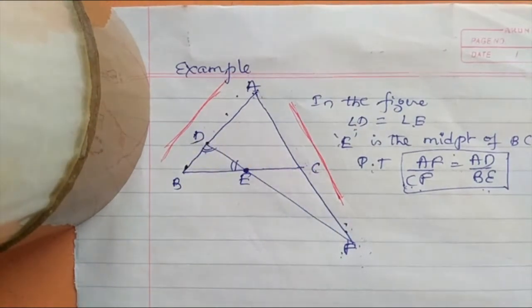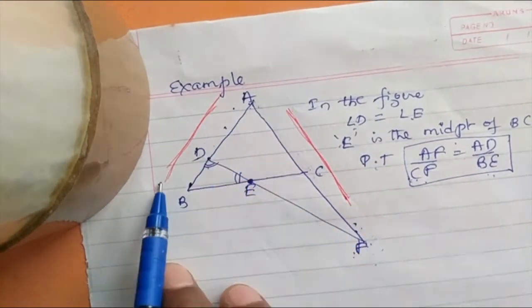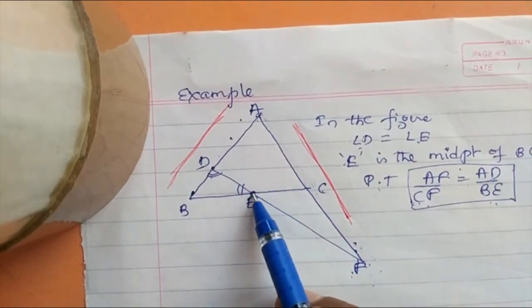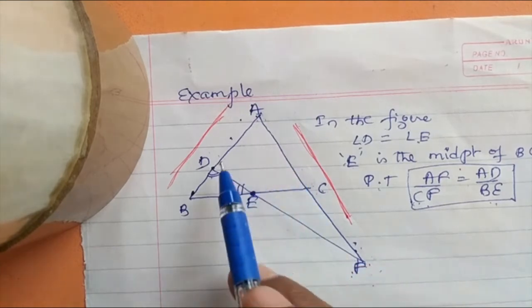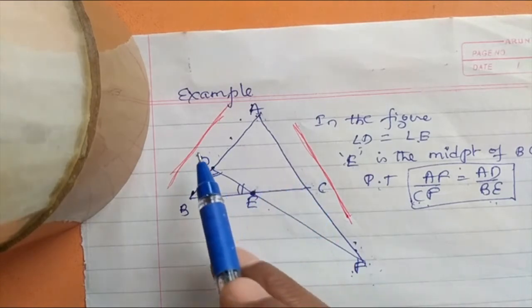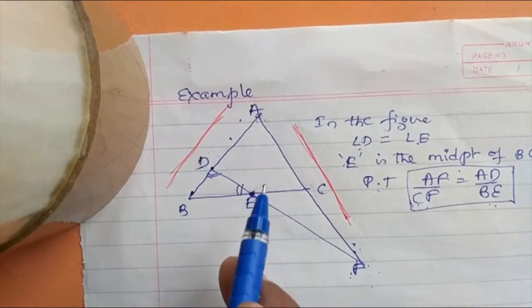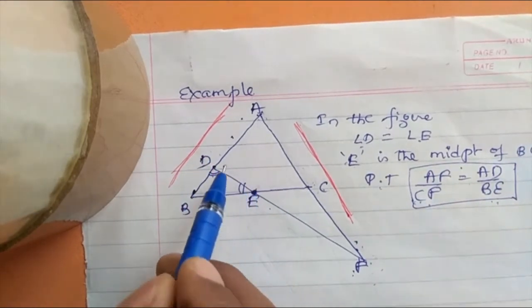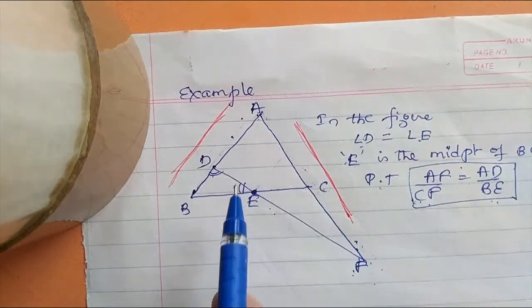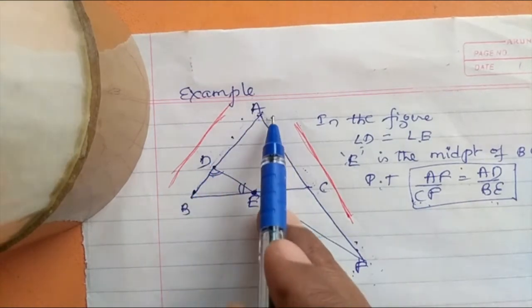where should I construct a parallel line? When you construct a parallel line, these two sides should be in that triangle. If you construct it like this, this side will come but this side won't come, so you need to avoid that mistake. If you construct a parallel line here, these two sides come. If you construct parallel to this, this full comes but this full won't come.